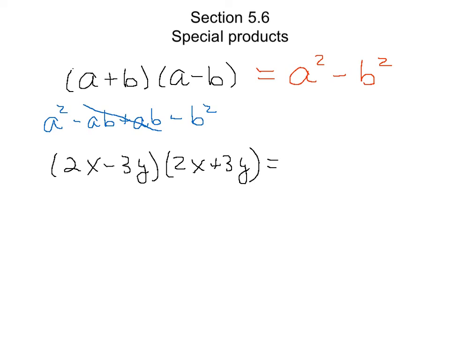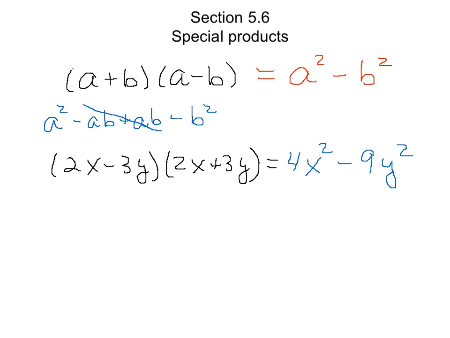So it's simply going to be the first term squared, which is 4x squared, minus the second term squared. So it makes it a lot quicker to do that multiplication if you notice that you have a sum and a difference, and you simply use the rule that it's equal to the first term squared minus the second term squared. One more example. Let's make it a little bit more interesting.